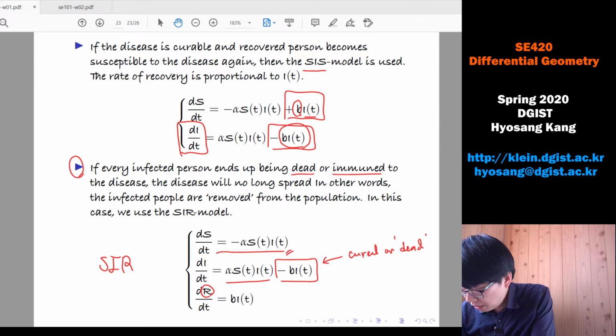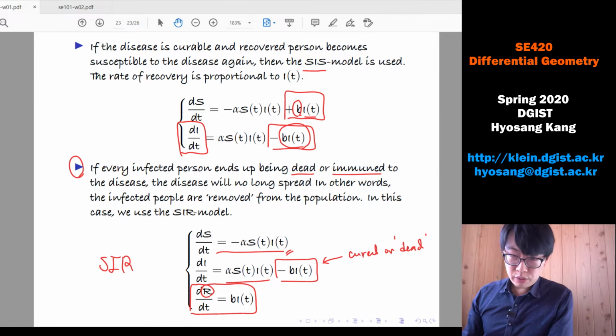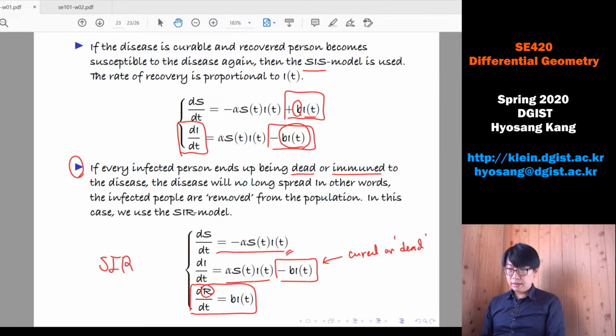So why are we taking the dead people and immune people in the same group? Because they are now out of the state of this virus effect. If they are dead, then there's no way they can be infected or cured anymore, because they no longer exist. And if they are immune, then they also have no effect on the virus.